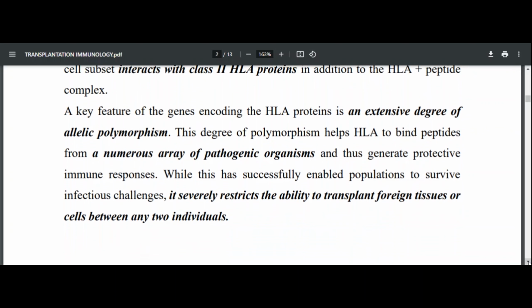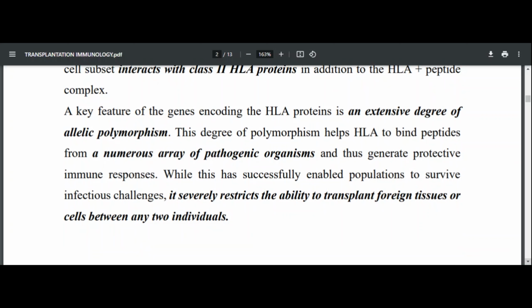So the problem that happens is that the key feature of the gene encoding the human leukocyte antigen protein is an extensive degree of polymorphism. This degree of polymorphism helps human leukocyte antigen bind peptides from a very large array of pathogenic organisms and then generate protective immune responses.